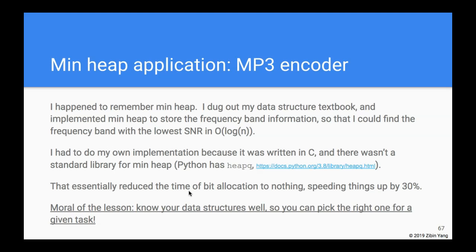That's a personal story that I remember very well because I actually put to good use something that I learned back in a class like this one. So the moral of the lesson is that you should study your data structures very well, so that when you are presented with a particular task, you know which is the right one to use.